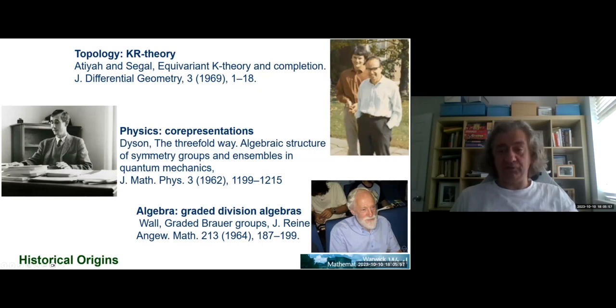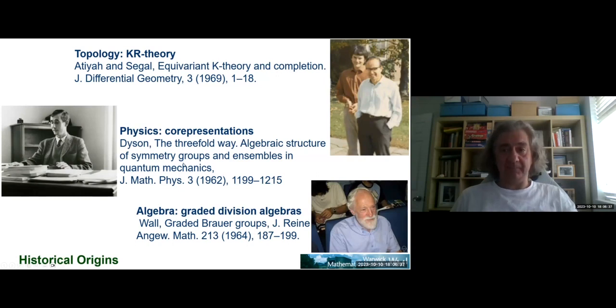Amazingly, Dyson managed to work it out completely, not knowing any algebra, because the algebra which corresponds to this appeared slightly later, and this is a paper by Wall about graded Brauer groups, 1964. That's Wall, that's Dyson. This is Atiyah and Segal, and that's the 1969 paper where this appears in topology, in equivariant K theory, and in particular KR theory. So these are three origins.